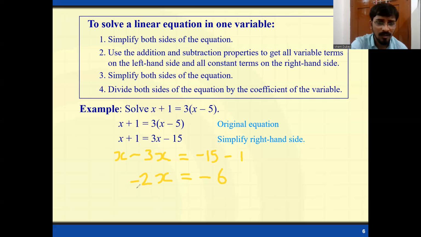Minus 2 here and minus 2 there, so minus 2 gets cancelled. On the other side, the minus gets cancelled, and 2 ones are 2, 2 threes are 6. So finally x equals, what we'll be getting? We'll be getting x equals 3.